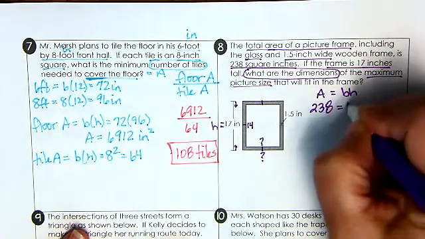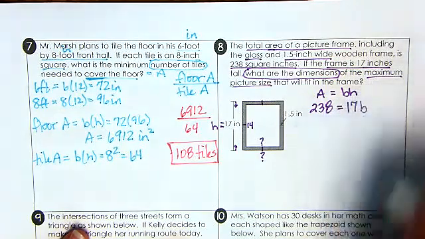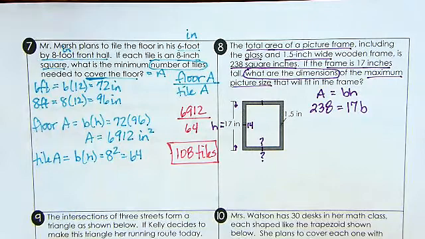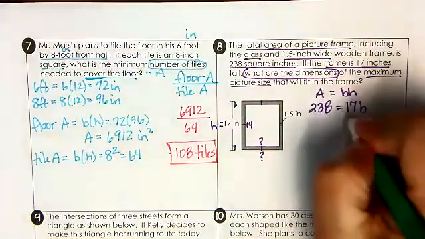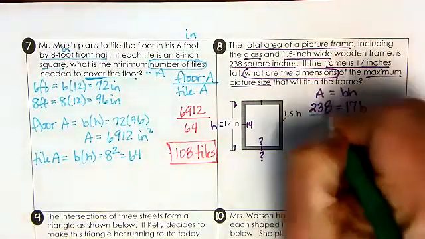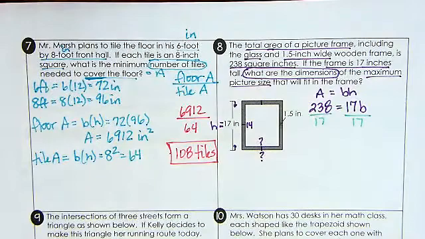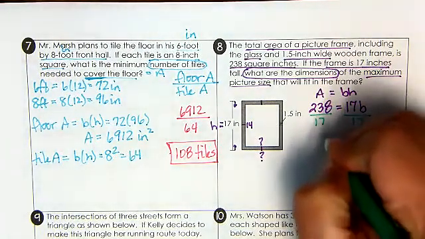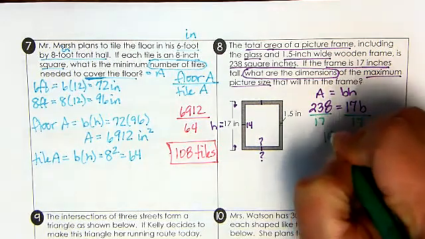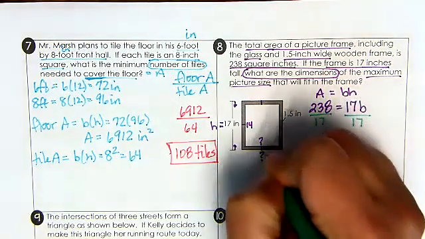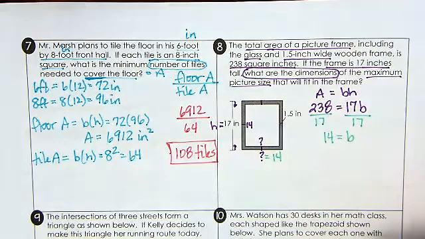So I have 17 times the base. You always write the number in front of the variable. And now we solve. So I'm going to divide by 17 on both sides. And I end up with the 14 equaling the base. So that means this right here is 14.